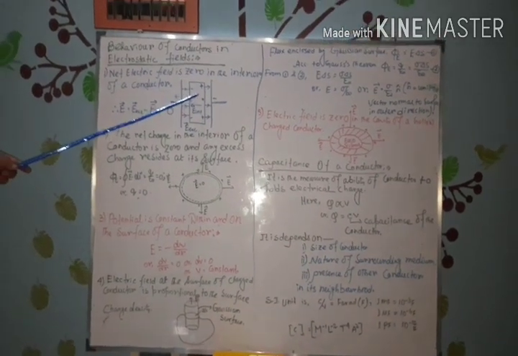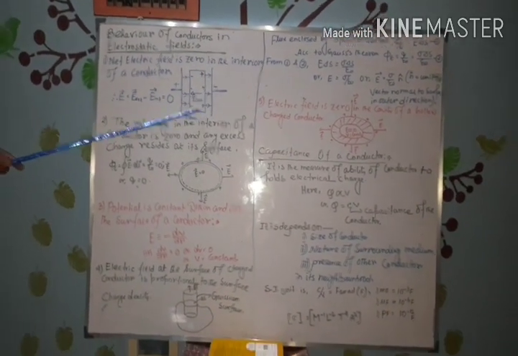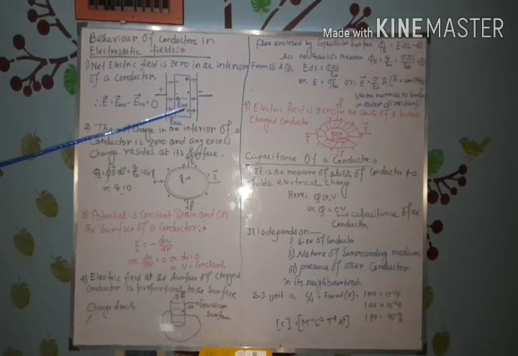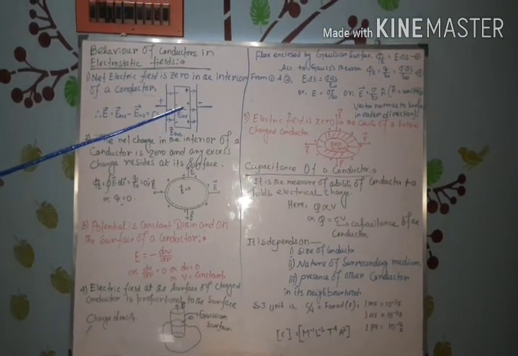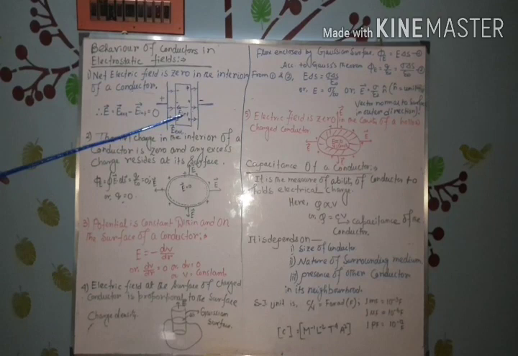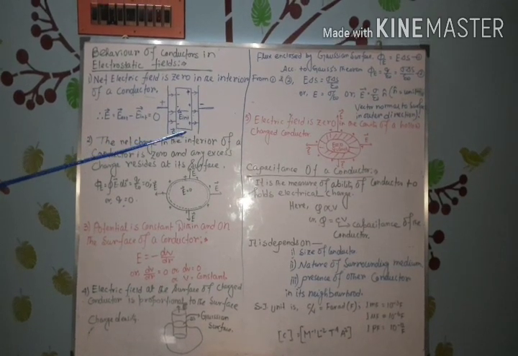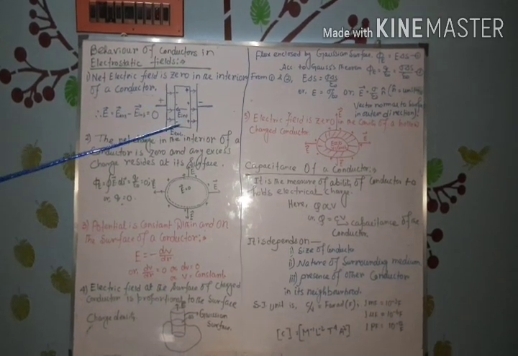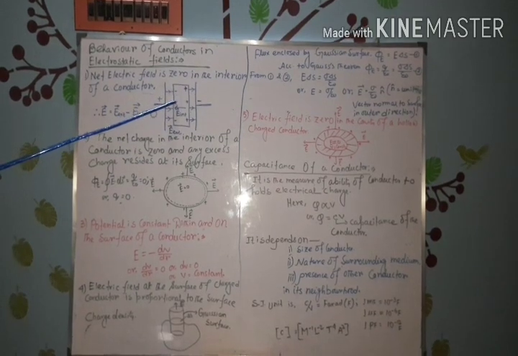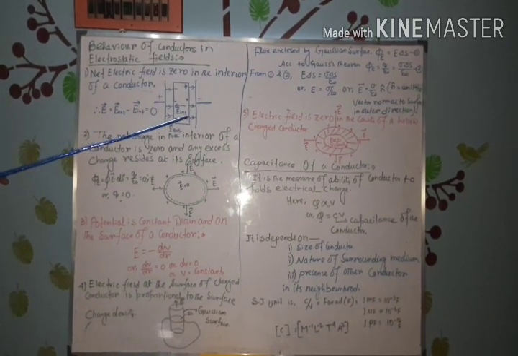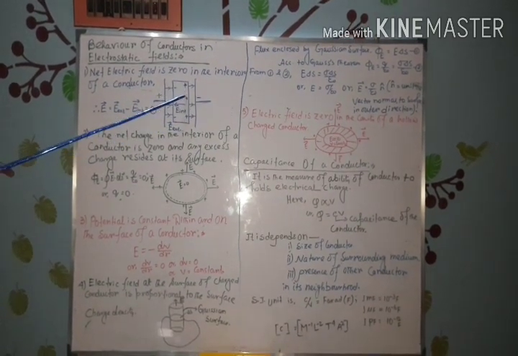Whenever we place the conductor in the electric field, the free electrons start to move in the opposite direction of the electric field. That's why the left end of the conductor acquires negative charge and the right end acquires positive charge.